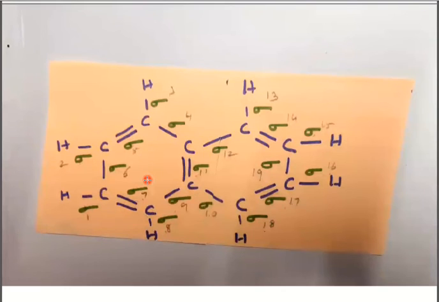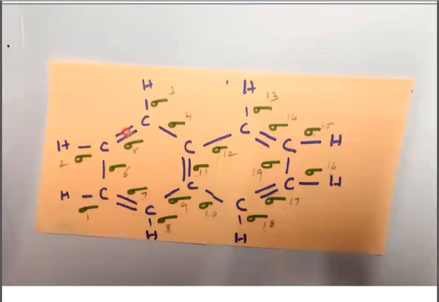So this is the solution for you. I have given a Lewis structure here. Single bonds all carry a sigma bond. A double bond is 1 pi bond, 1 sigma bond. Let us start from here. 1 sigma bond, 2, 3, 4, 5, 6, 7, 8, 9, 10, 11, 12, 13, 14, 15, 16, 17, 18, 19. 19 sigma bonds.